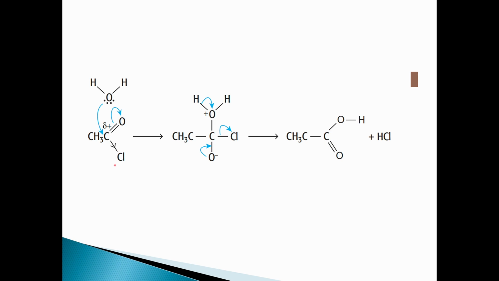Your electronegative chlorine causes your carbon to carry that partially positive charge. Your electronegative atom is now pulling electron density towards itself, breaking that double bond, while your nucleophile can now attack and form a bond with your carbon.